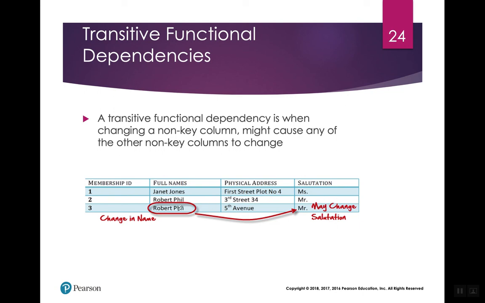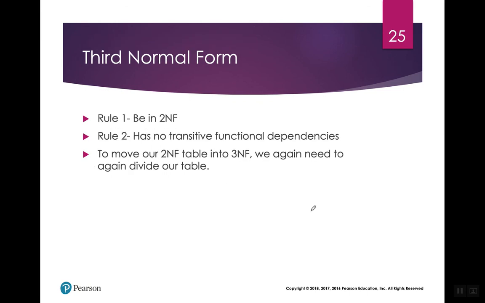So if I change the name or change the gender, the salutation might change. The way we deal with that in third normal form is that it has to be in second normal form, and we have to identify any transitive functional dependencies.